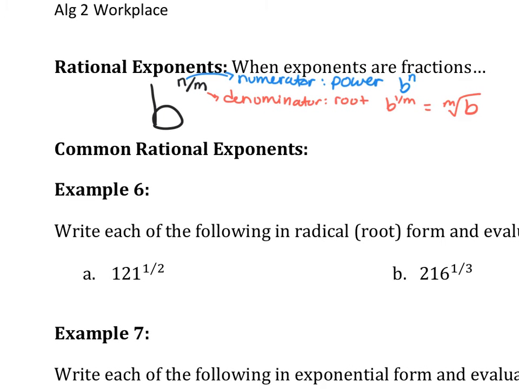Okay, there are some common rational exponents, and you're going to need to be able to type these into your calculator too. So if we have x to the 1/2 power, that's the same as saying the square root of x.